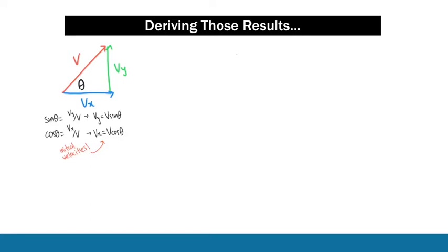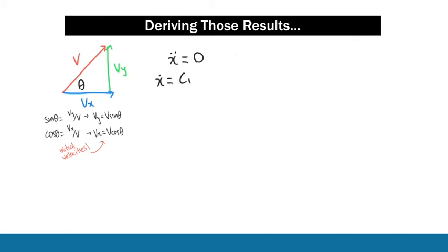To start deriving the results, let's start in the x direction. We know that in the x direction, acceleration will be equal to 0. There are no horizontal forces at play. There's no air resistance, there's no friction, so there's no horizontal acceleration. If we integrate that, we get an unknown constant. But this constant has to allow for the initial horizontal velocity to be equal to what we just found.